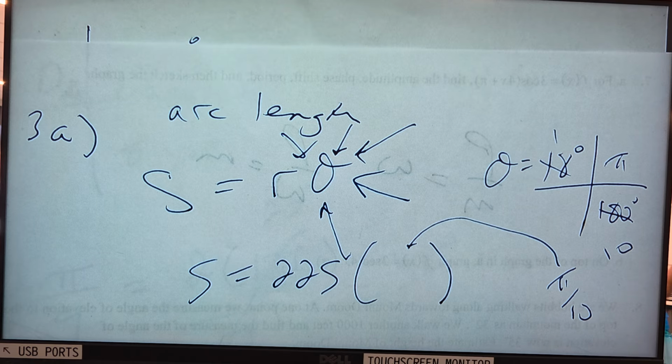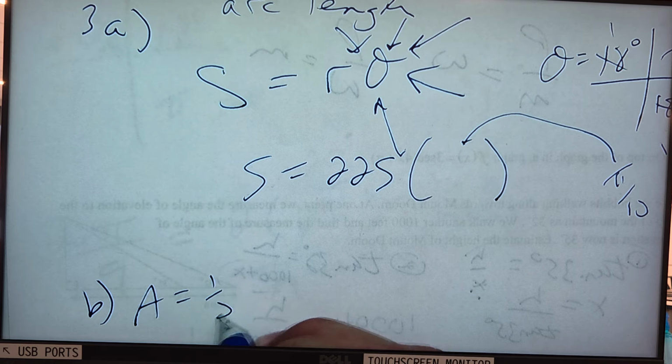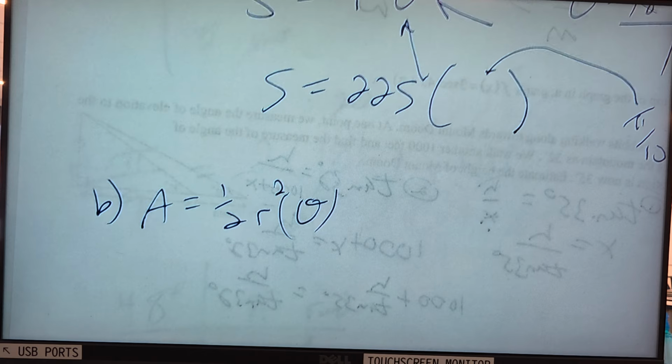For the total area. Now, in one sector, in one piece of this, there's an angle of pi over 10. There's 2 different ways to do part B. One way to do part B is just to get the area of one segment and then double it, yes? Because they got 2 segments.